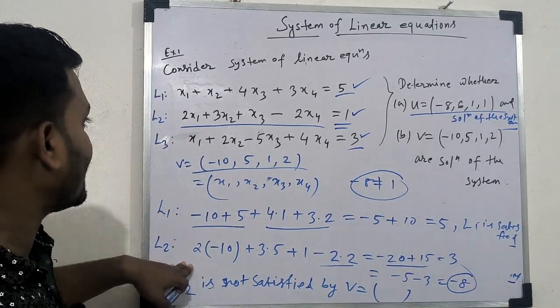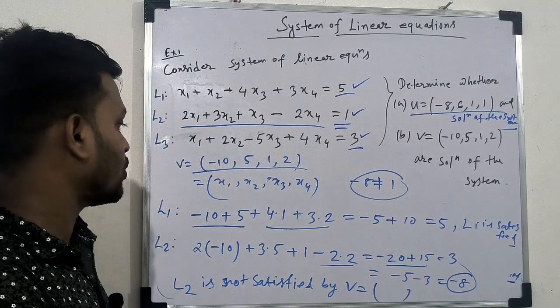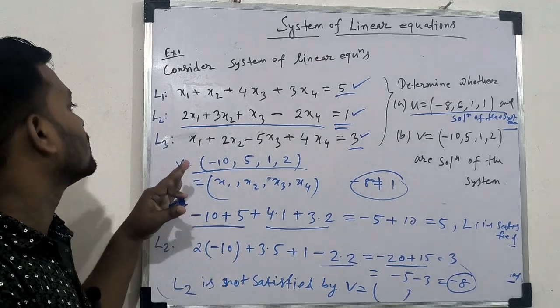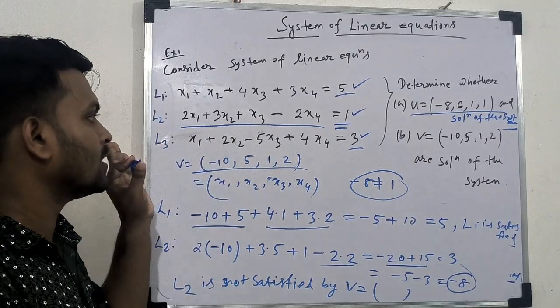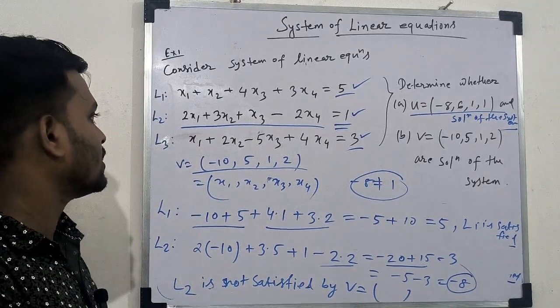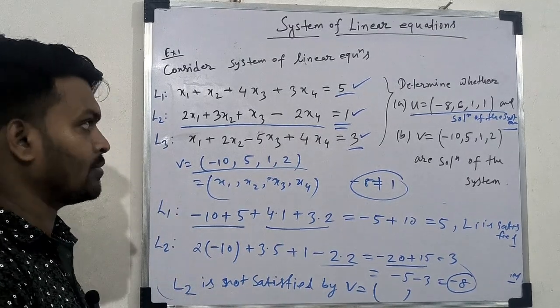We find that L2 is not satisfied by this V. Therefore, V is not a solution for this system. So we don't need to check whether L3 is satisfied by V, because we get L2 is not satisfied. So from this we can conclude that V is not a solution for this system.